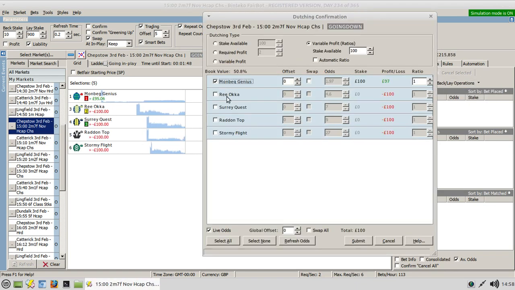Our 3 picks are still in the race, but you can see the potential profit there for a stake of £100 is only 19, and so that's not an option. Even using the variable profit option and reducing one of these so that it just gives us a scratch trade doesn't give us enough profit on the other 2. So this effectively has discounted this race, unfortunately.